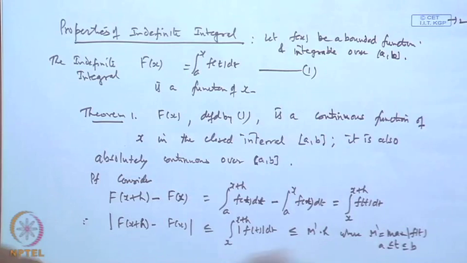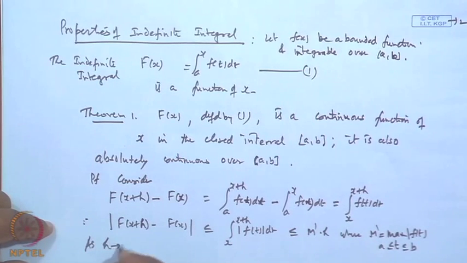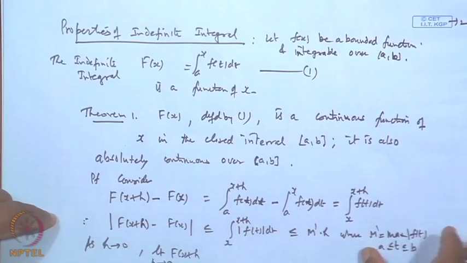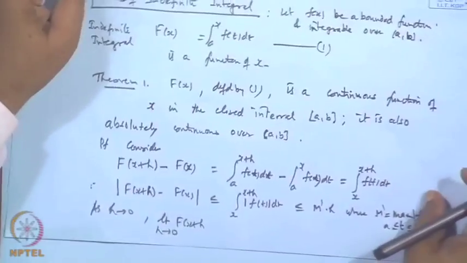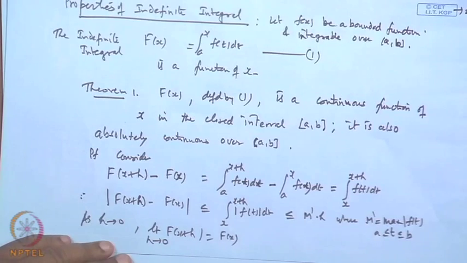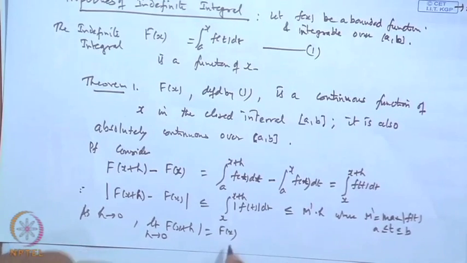Okay. Now, as h tends to 0, the right hand side goes to 0. So, the limit of F(x+h) as h tends to 0 coincides with F(x). Clear?